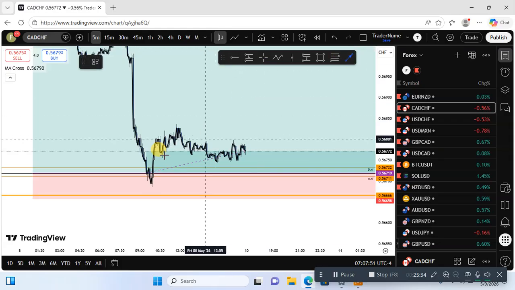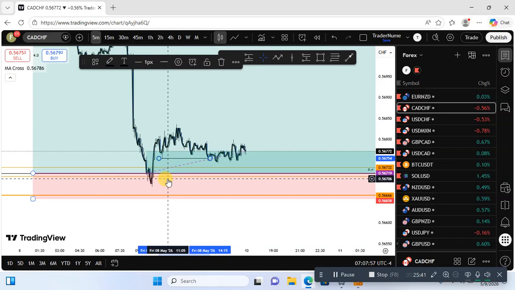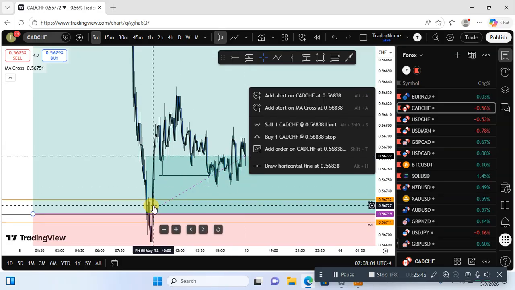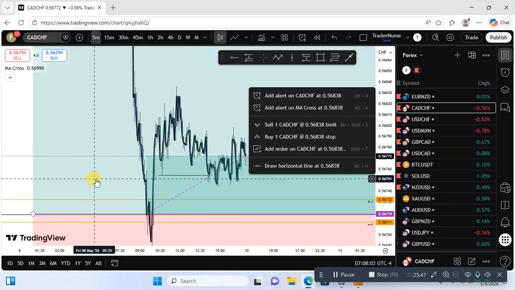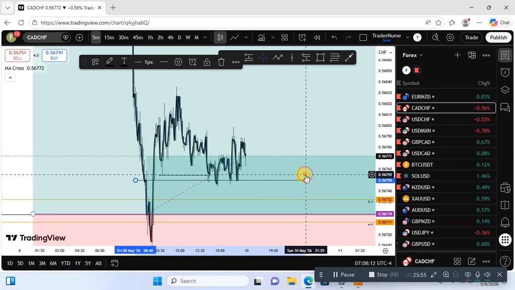If we want to buy this on the lower time frame, this is what we would have done. This is a liquidity, and after that liquidity, we are seeing this spot here, and exactly that's why price came.